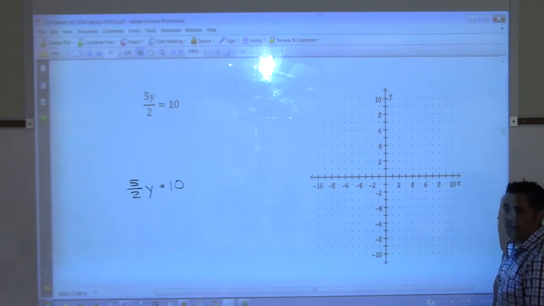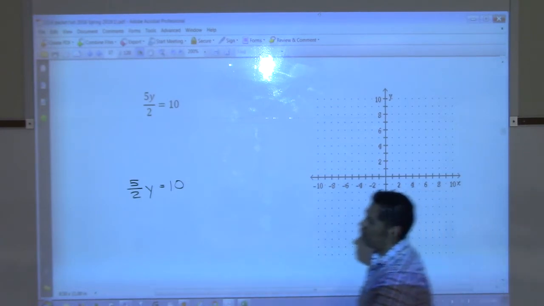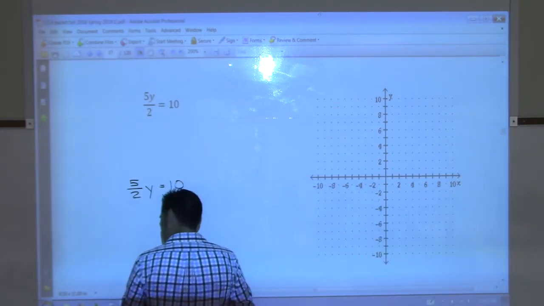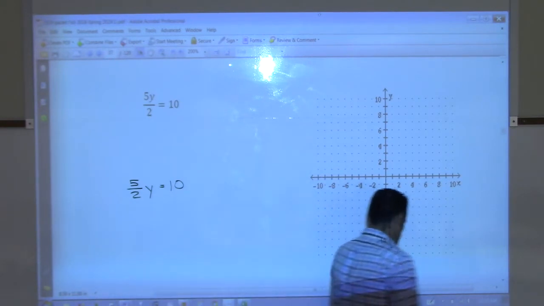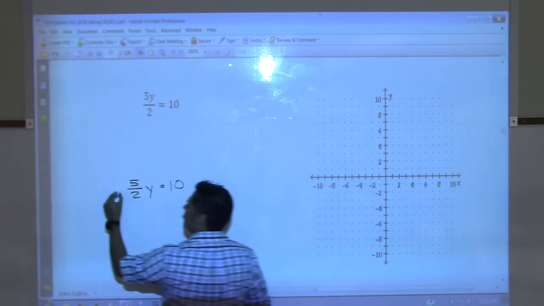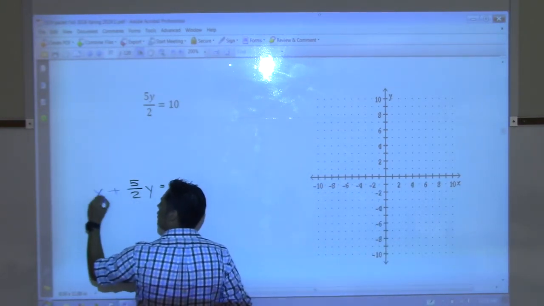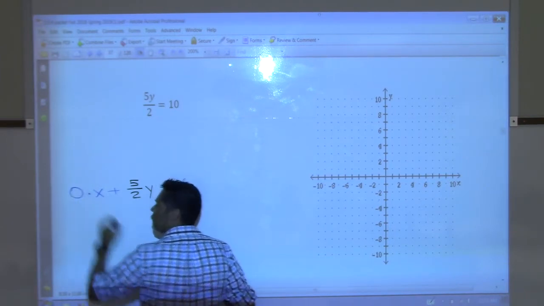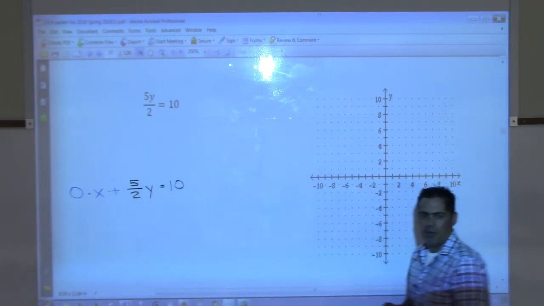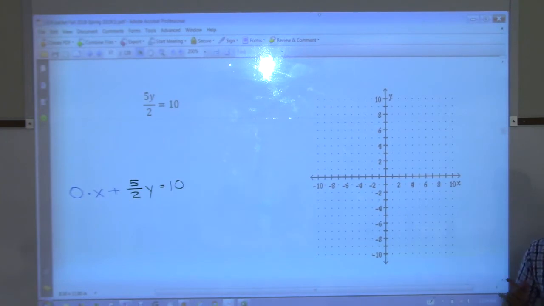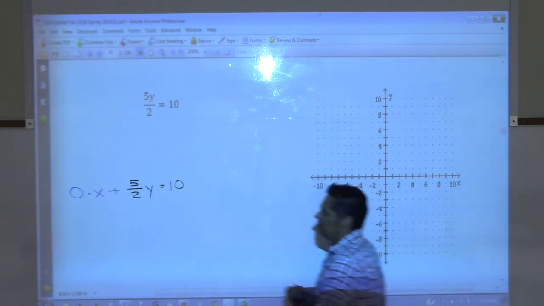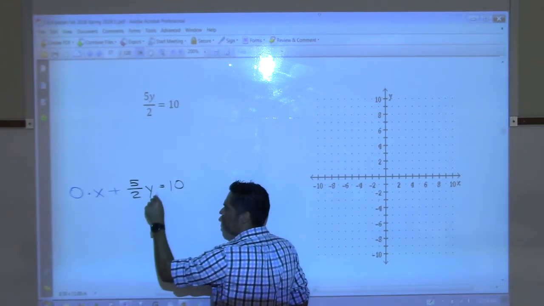Well, it is a line. What I need you to see is that in front of this, it's kind of hidden from you, there actually is an x, but the number in front of it is 0. So this is still a line, but you only have y involved in the equation.